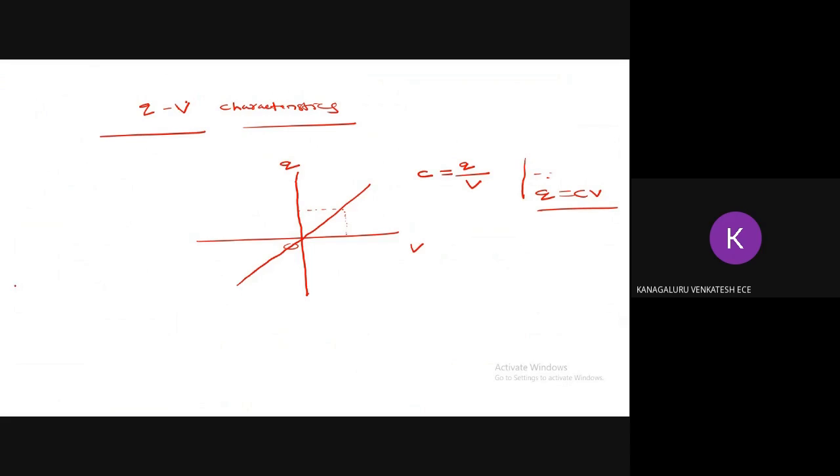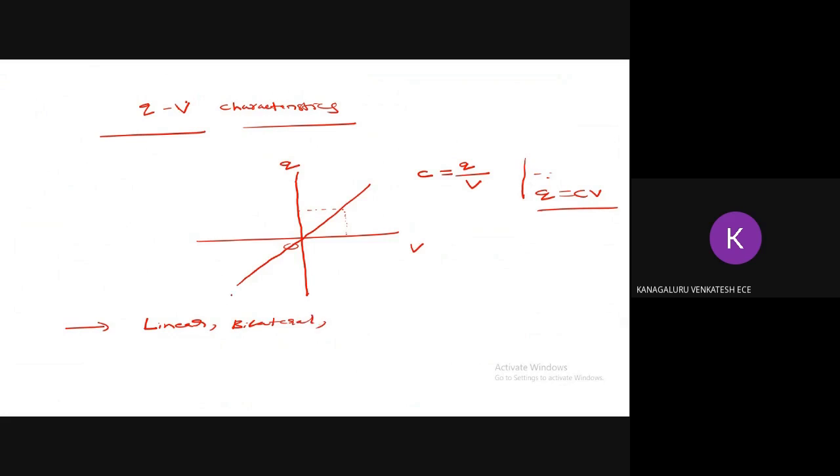So from the QV characteristics, we can say that the capacitor is a linear element, and it is bilateral, because it offers the same impedance for either direction of the current.